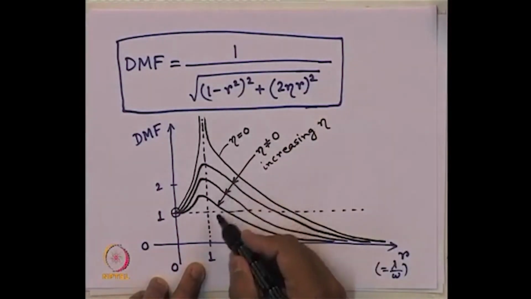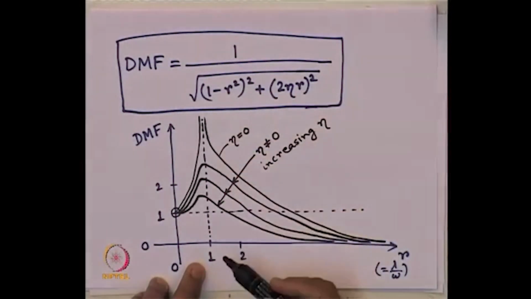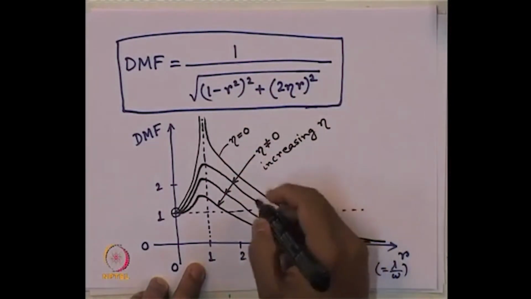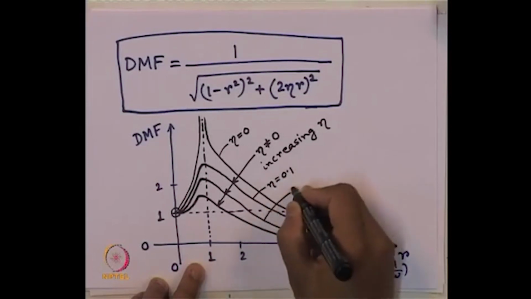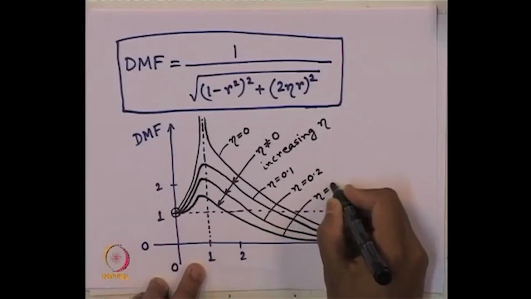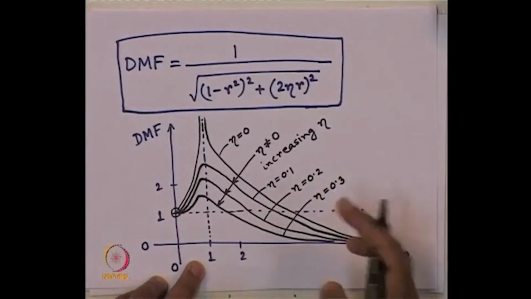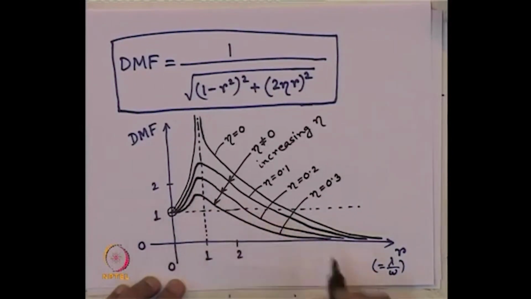These 3 arrows I have shown here show the increasing values of eta. Say for example, this is for eta equals 0.1, this is for eta equals 0.2, this is for eta equals 0.3, like that. These are just typical examples I am giving, the exact figure may be different, but the trend will remain the same.